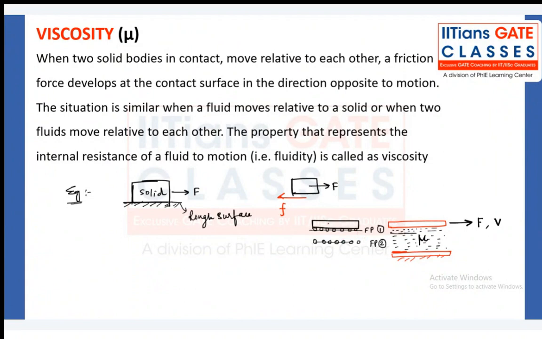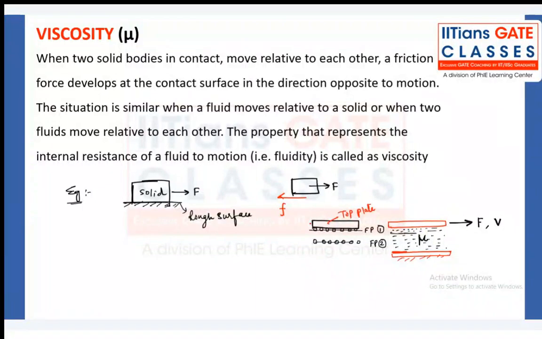Definitely fluid particle 1, which is attached to the top plate, will move with the same velocity as the top plate because of the no-slip condition. I will tell you the meaning of the no-slip condition. Initially, they are fluid particles, right? They have huge bonding between each other. What communication will happen between fluid particle 2 and fluid particle 1?